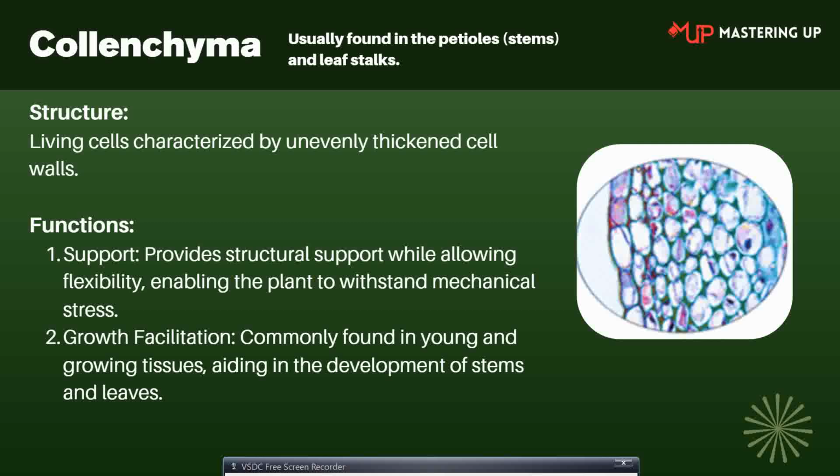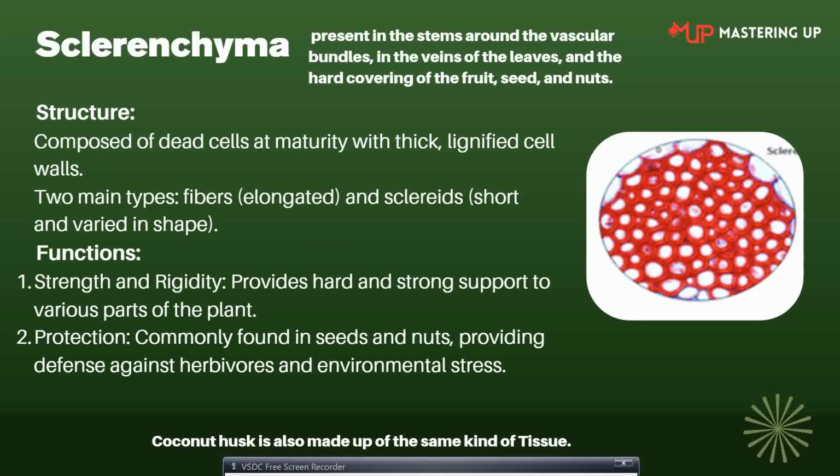Now the next one is collenchyma. They are present in the petioles and leaf stalks. They are characterized by unevenly thickened cell walls, and their function includes support and growth facilitation. Now the sclerenchyma, they are present in the stems around the vascular bundles, in the veins of the leaves and the hard covering of the fruit, seeds and nuts.